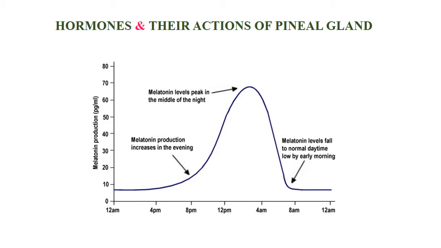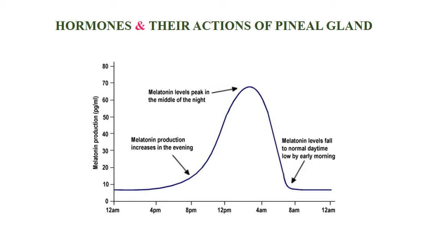Melatonin production increases during the night time, late in the evening, peaks in the middle of the night, and goes to a normal or decreased level of secretion with the onset of the sun, that is with the light in the early morning.